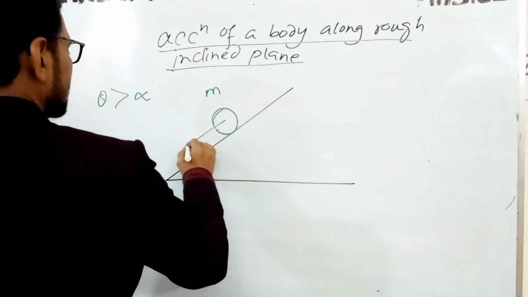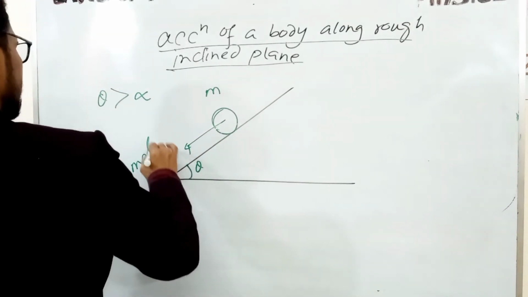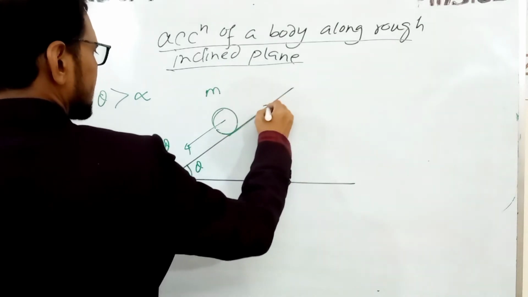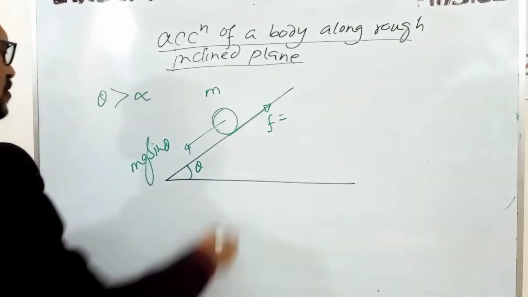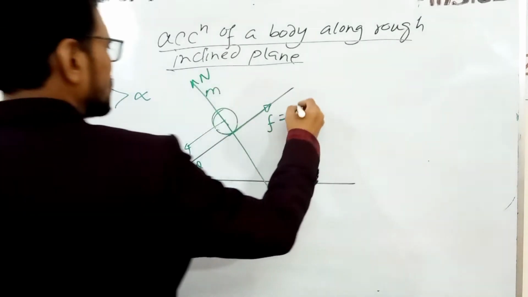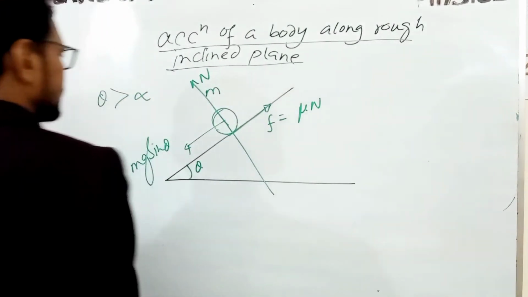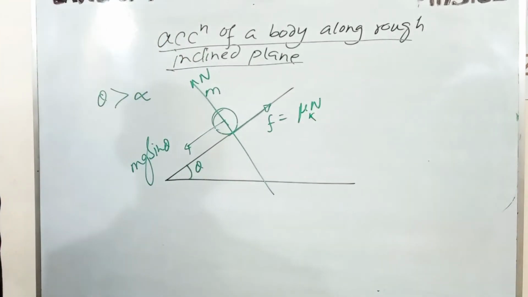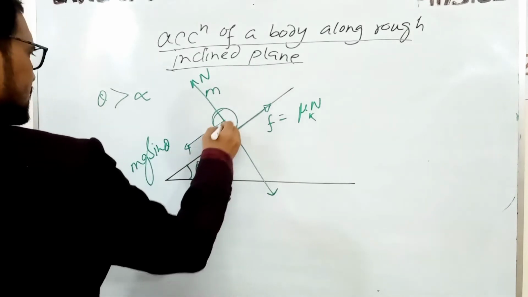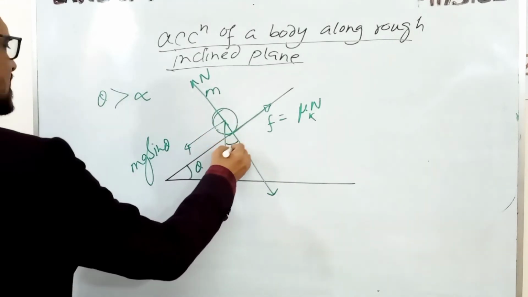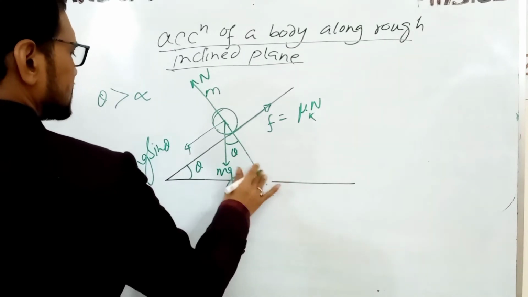So here mg sin theta acts in this direction, and friction acts in this direction. Friction equal to mu into the normal force. Accelerating means here mu is mu k, obviously kinetic friction, and the normal force is mg cos theta.